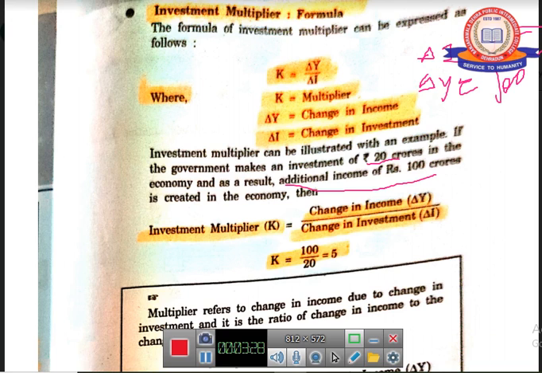So find out the investment multiplier. So K will be del income upon del investment. Del income is 100, whereas del investment is 20, right? So we will divide and then we will get 5. So investment multiplier will be 5 times.